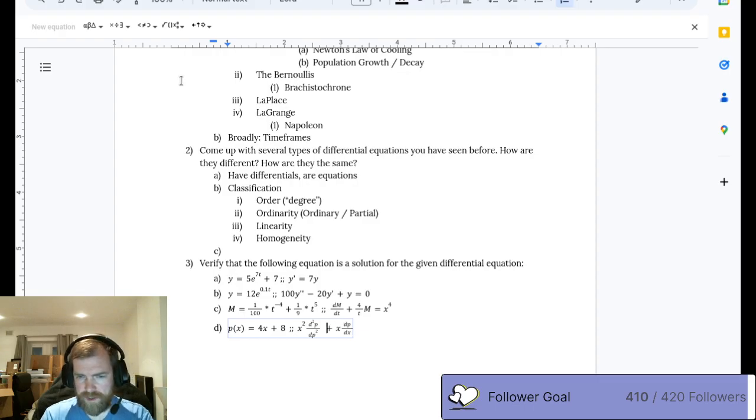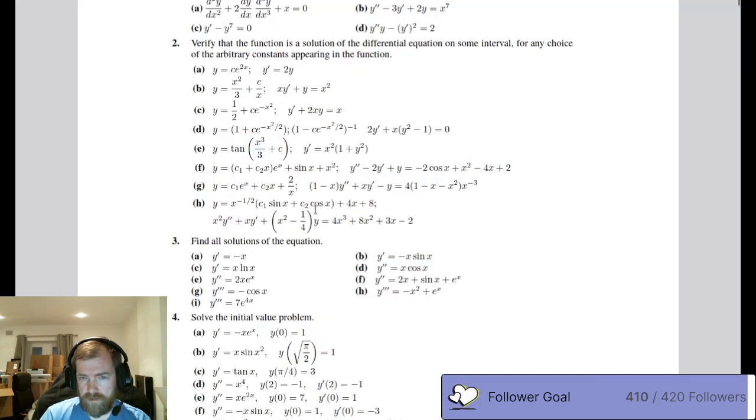That's supposed to be an x on the denominator there. There we go. Plus, minus. No, plus parentheses.